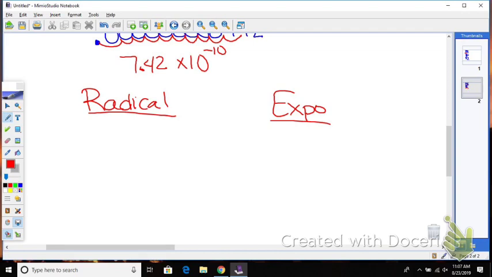The root of the tree. So if I have a radical, the cubed root of x, the root of this radical is 3. Where is the root on a tree? On the top of the tree or on the bottom of the tree? Obviously the bottom. So the exponential form for this would be x to the 1/3 power, where the root of the radical is like the root of the tree.